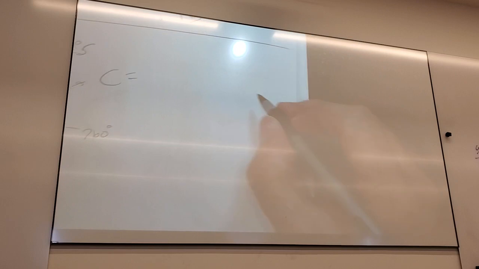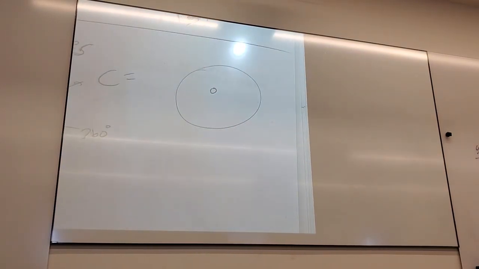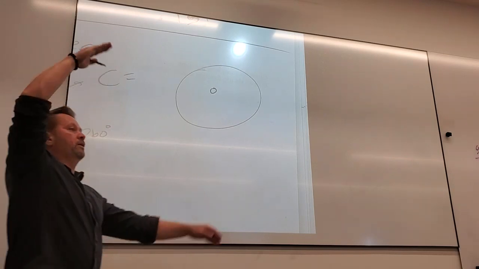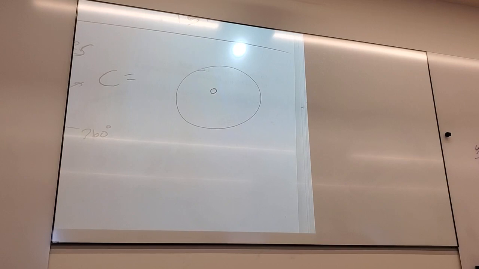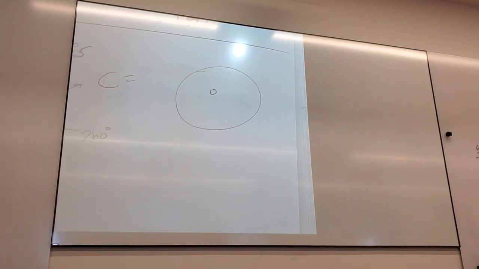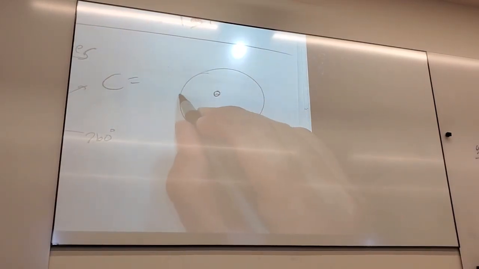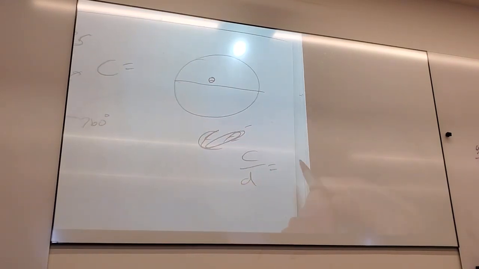So no matter how small or how big the circle is, the Earth isn't really circular, but if I imagine chopping it and looking at this, I'd get the same number basically. So when I divide the circumference by the diameter, they always got the same number.